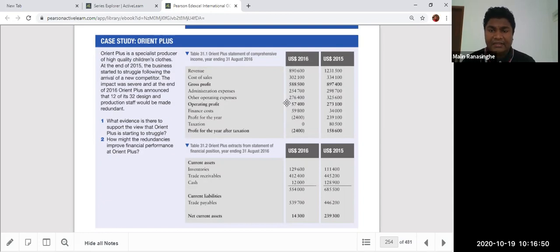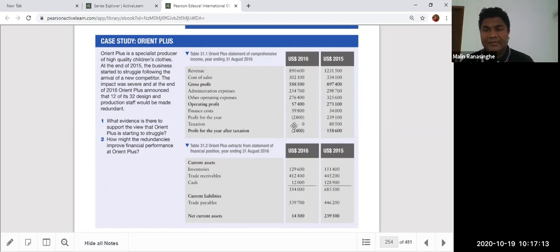Finance cost is increasing because I think they must have taken some loans in order to meet the financial obligations. And then profit for the year, you can see last year it was 239,000, and this year it was minus 2,400. It's a pathetic situation right now, loss making.